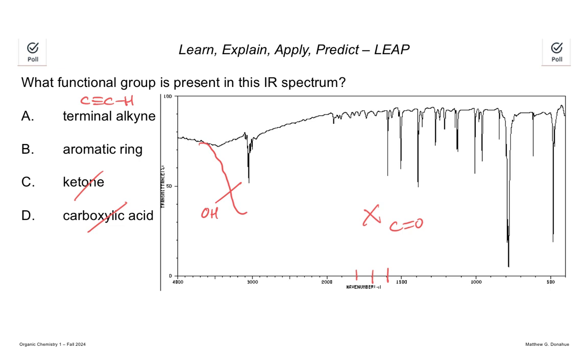The terminal alkyne, that signal there should be pretty prevalent over here. But we don't see that. So therefore, it has to be an aromatic ring. So something with a benzene in it.